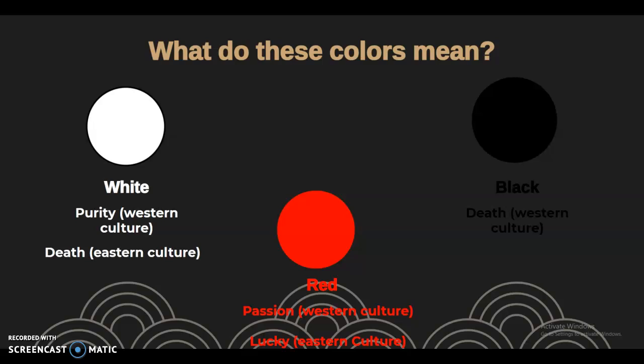I'm thinking specifically of China and India, where brides wear red. And in China, on Lunar New Year, they traditionally put money in red envelopes with gold writing on it, and it's supposed to bring you wealth in the future. So this is called color symbolism. And this is just when colors represent ideas or feelings.